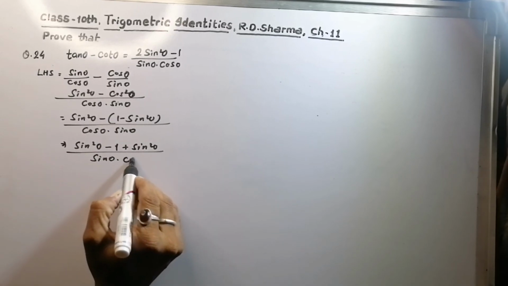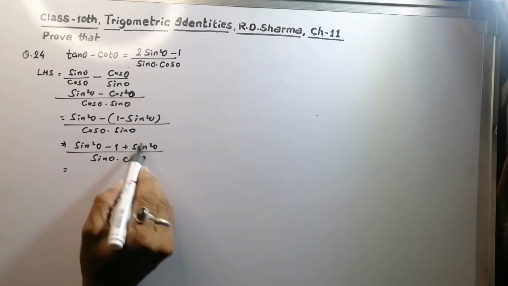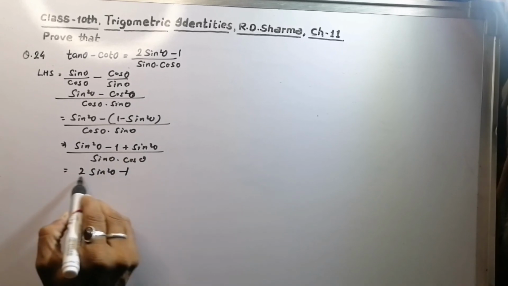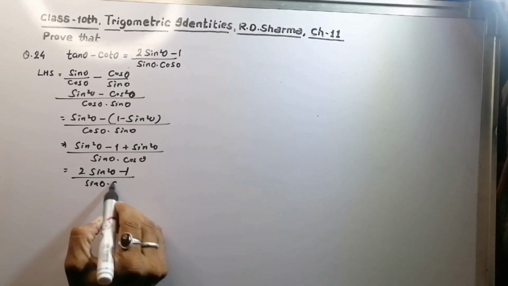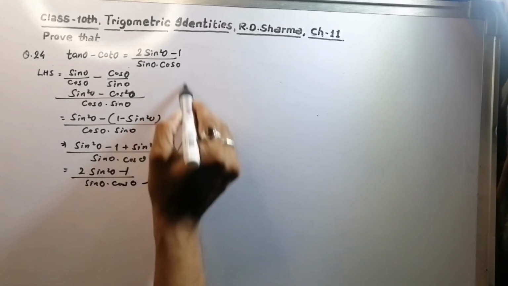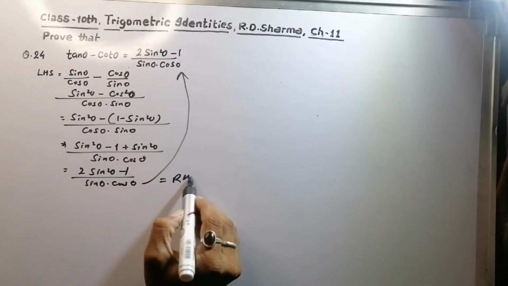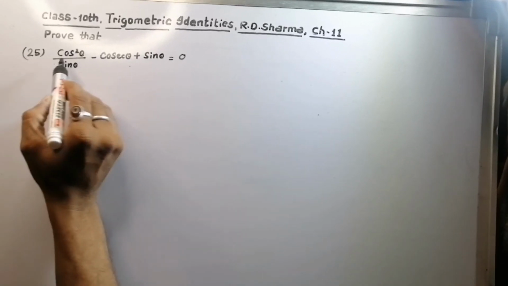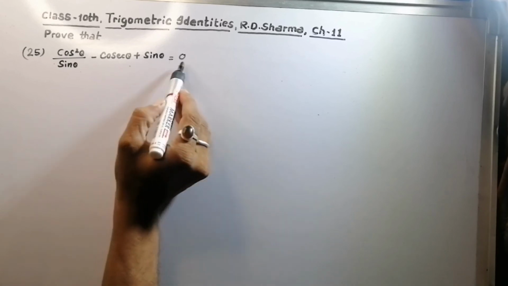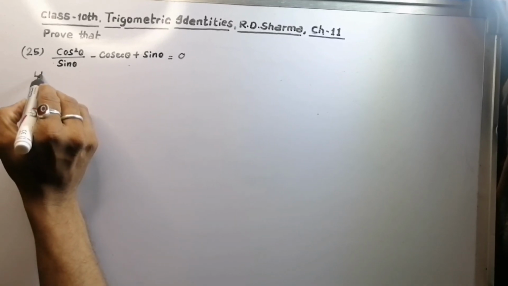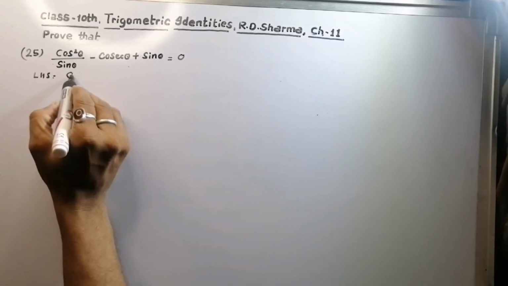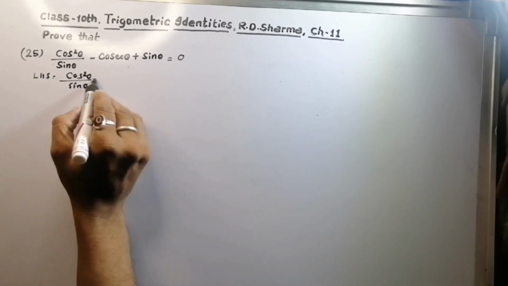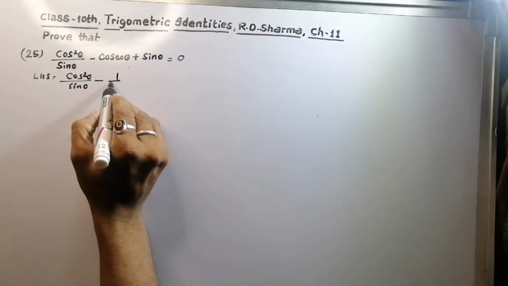And here if we take LCM, we get cos a into sin a, and upside sin square a plus cos square a. Now 1 minus sin square a means cos square a upon sin a, and here 1 minus cos square a means sin square a upon cos a.